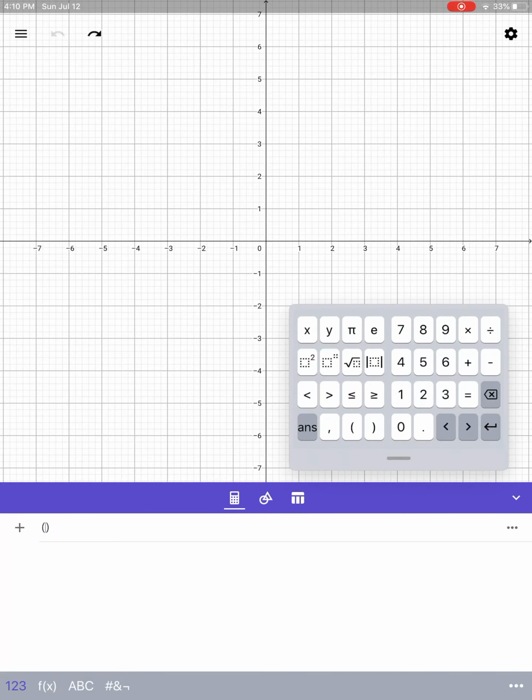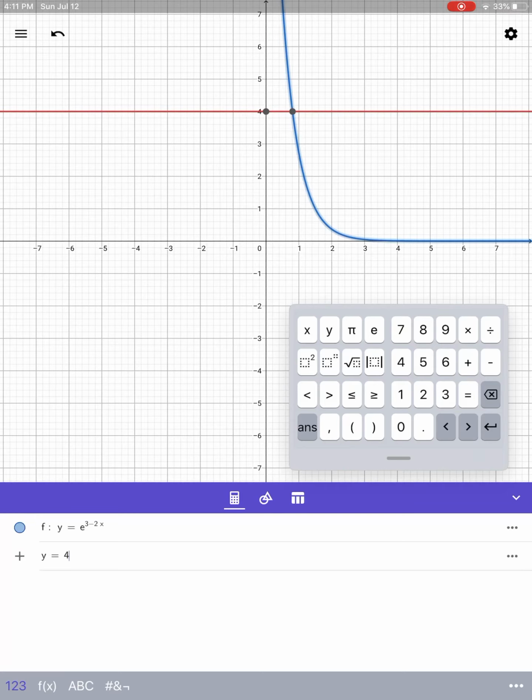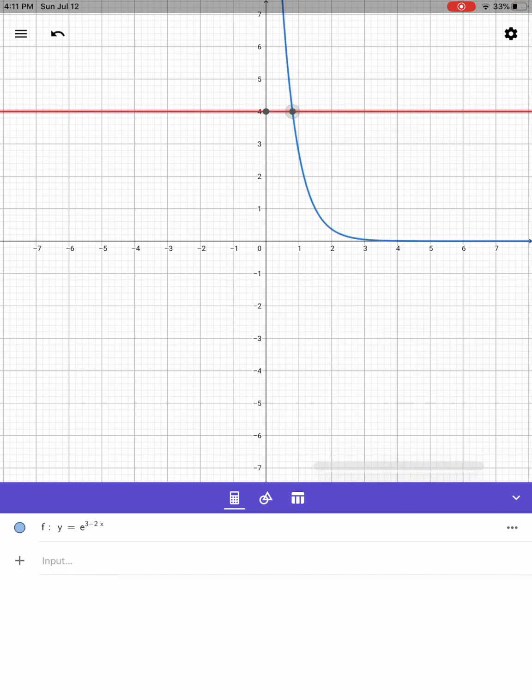So using the graphing calculator, I would like to graph both the equations. So y is equal to e to the power of 3 minus 2x. The one in blue represents the first equation, and the second one would be y is equal to 4, right?